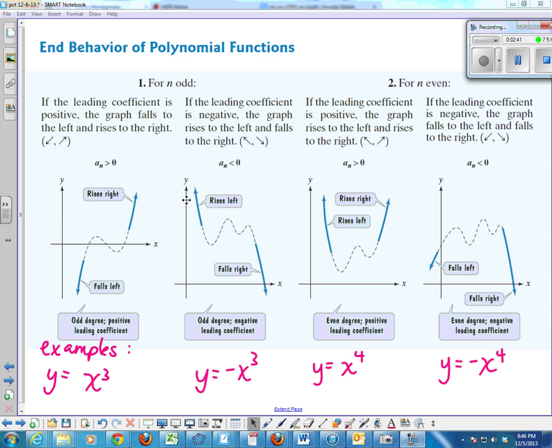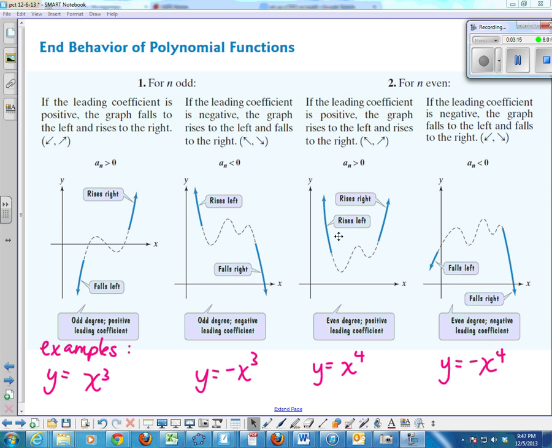Which of these it is depends on the leading coefficient, here a sub n. When the leading coefficient is positive, this is the way the graph looks. For example, y equals x cubed has a positive leading coefficient of 1, so it falls to the left and rises to the right. If you have a polynomial function of odd degree where the leading coefficient is negative, then this rises to the left and falls to the right, exactly opposite of this one.